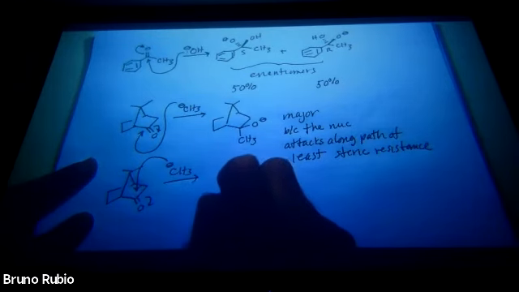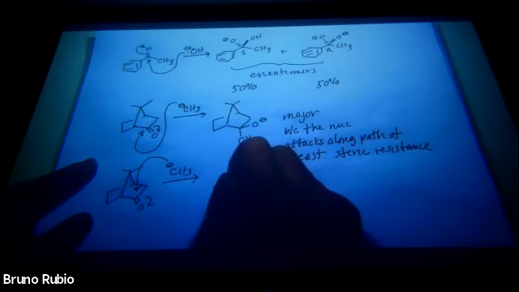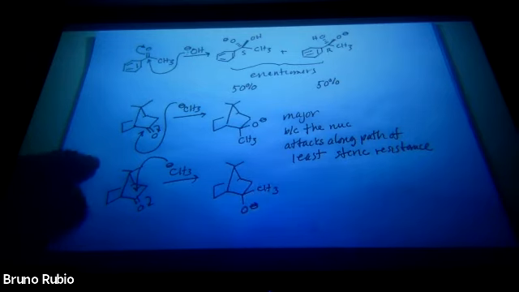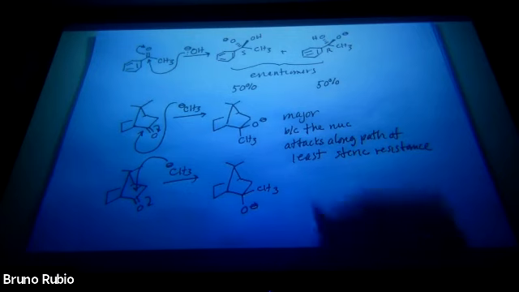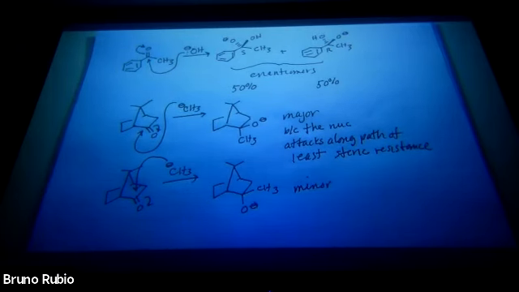And the product here would show that methyl group, that entering methyl group, is now on the top, and that O minus went down to the bottom. This is the minor product because the nucleophile here has come in along the path of more steric resistance.